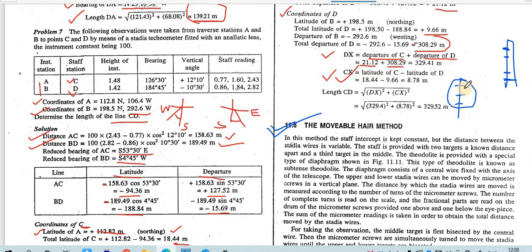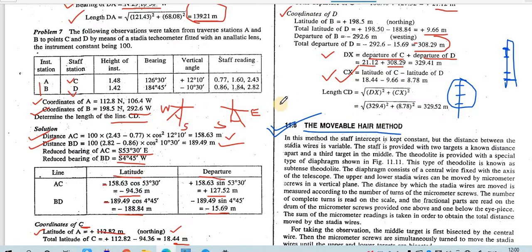But you will have to adjust the diaphragm to the first target, so you will have to move it upward, and similarly you will have to bisect the second target with the bottom hair. So we have to move this hair at the bottom. In this way you adjust the diaphragm. Because these hairs can be moved, the method is called the movable hair method.